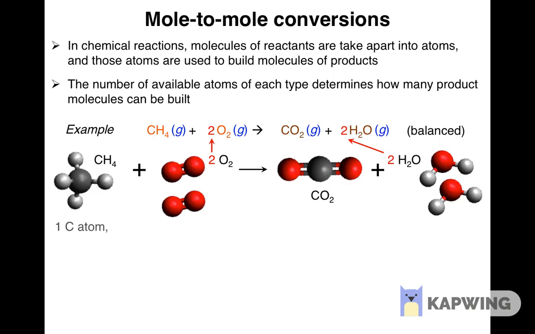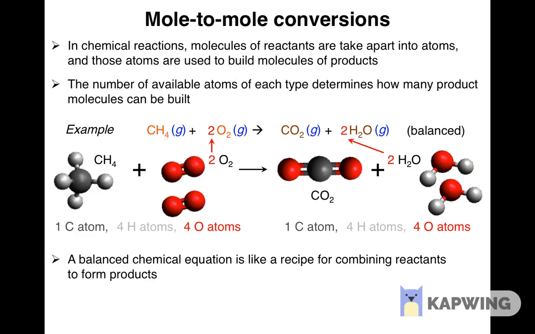This equation tells us that if we take one molecule of methane that consists of one carbon atom and 4 hydrogen atoms, and 2 molecules of oxygen that consist of 2 oxygen atoms each, we will have just enough atoms of these 3 elements, carbon, hydrogen, and oxygen, to build one molecule of carbon dioxide that will require the carbon atom and 2 oxygen atoms, and 2 molecules of water that will require 2 hydrogen atoms and 1 oxygen atom per water molecule. So the balanced chemical equation is like a recipe.